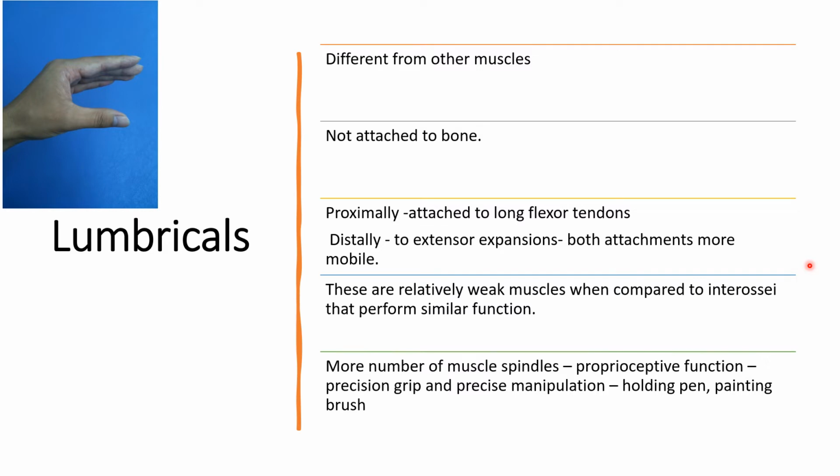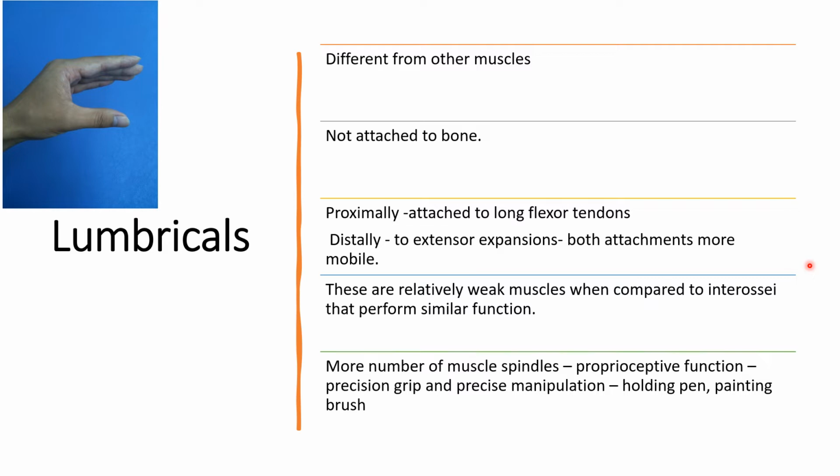How will it be helpful? It will help in the precise gripping of an object, like holding a pen or a painting brush, and precise manipulation of the pen or brush. That is the advantage of the lumbricals.